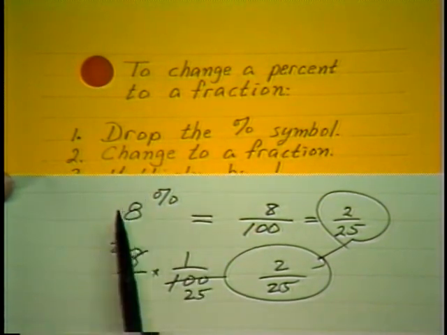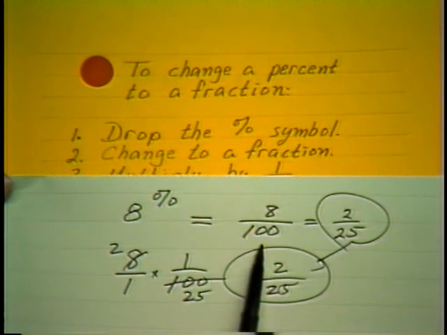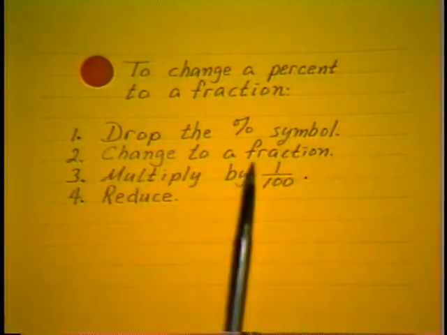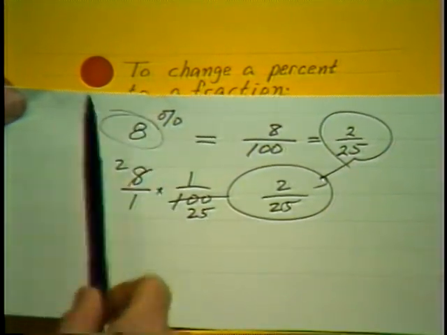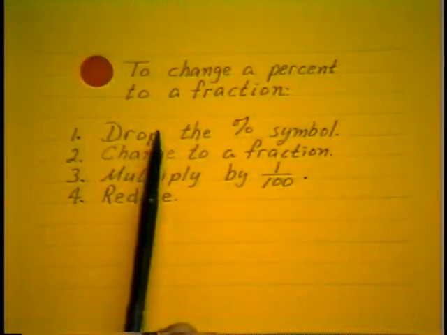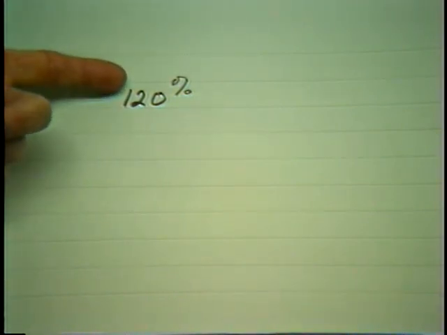Now, actually in this case, this method of saying percent, writing per 100 is easier. But these rules will be handy when this portion here gets to be messy. So drop the percent, change to a fraction, multiply by 100, reduce. Let's apply those rules to a few fractions or percents.